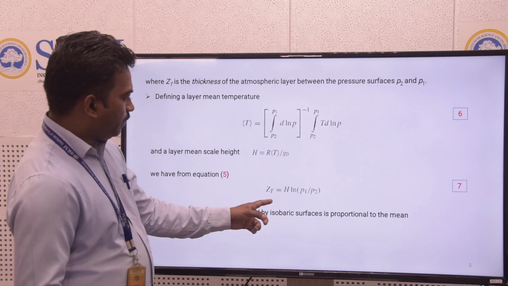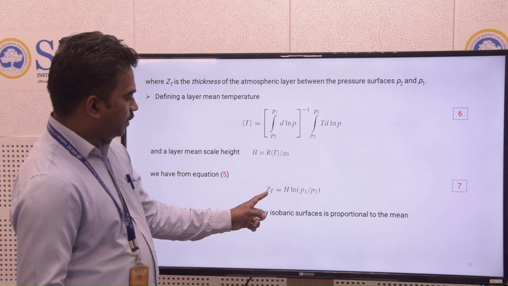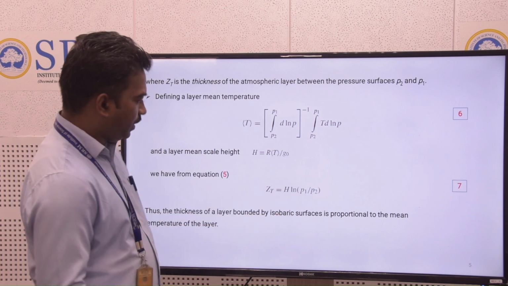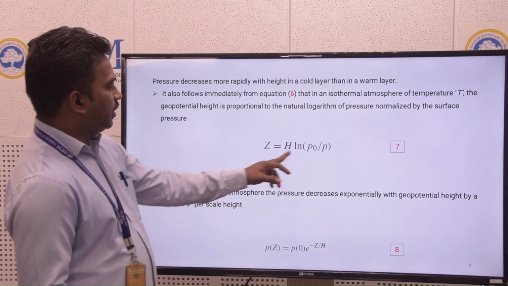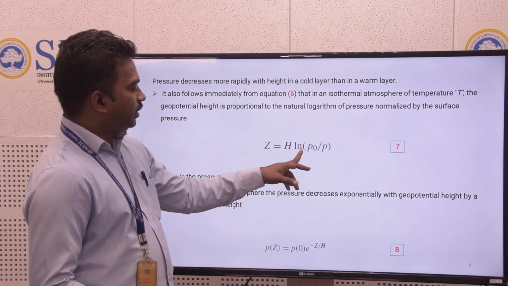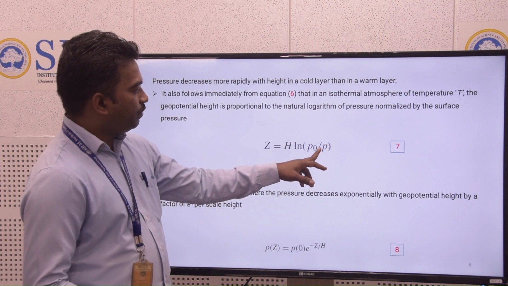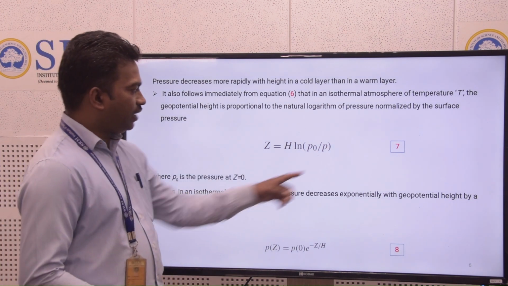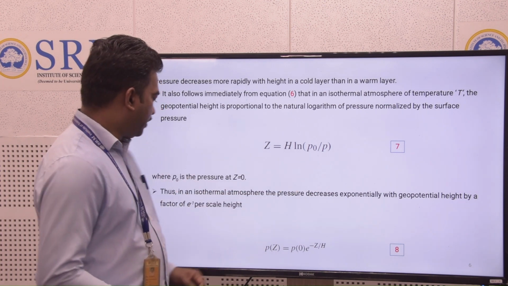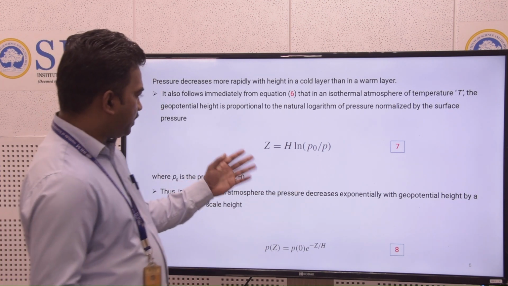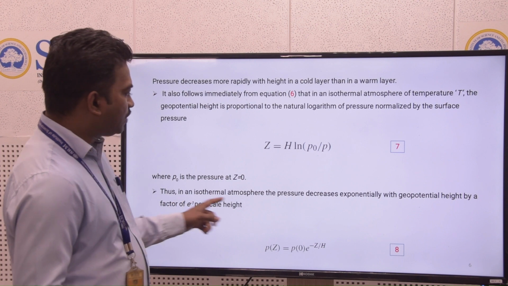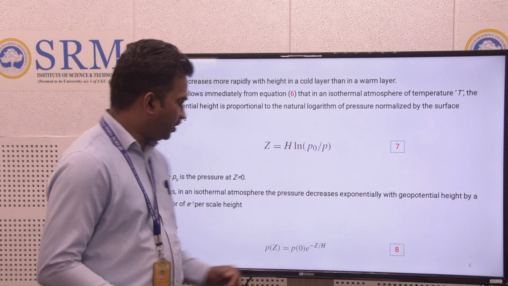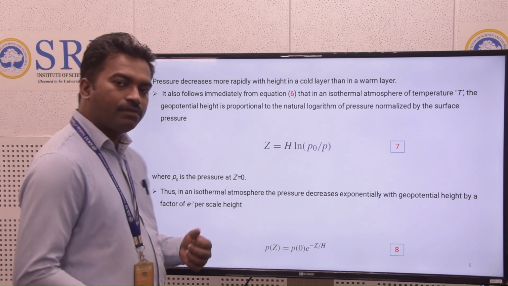After writing this expression, H log of P1 by P2, the same you can write as H natural logarithm of P0 by P. In place of P1 we take the pressure at 0, and P is the pressure at a particular height. What we have to understand here is that in an isothermal atmosphere the pressure decreases exponentially with geopotential height by a factor of e power minus 1.